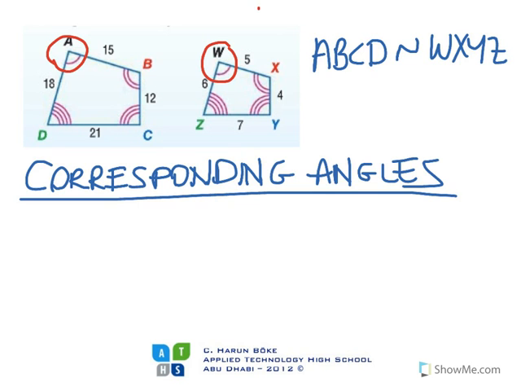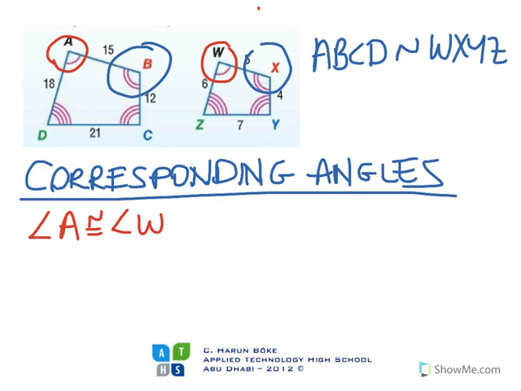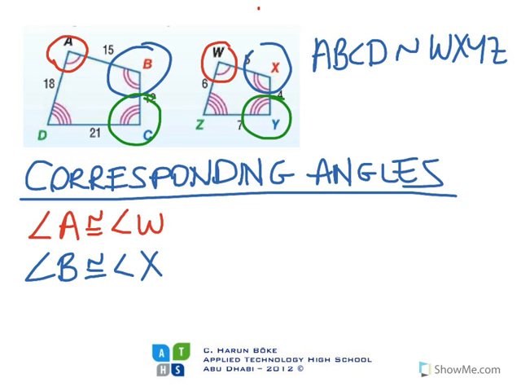So we write the angle A is equivalent to the angle W. Similarly, angle B is equivalent to angle X. Angle C and angle Y are equivalent. And lastly, angle D and angle Z are equivalent.